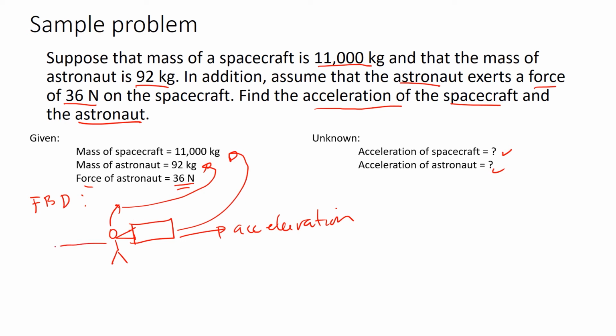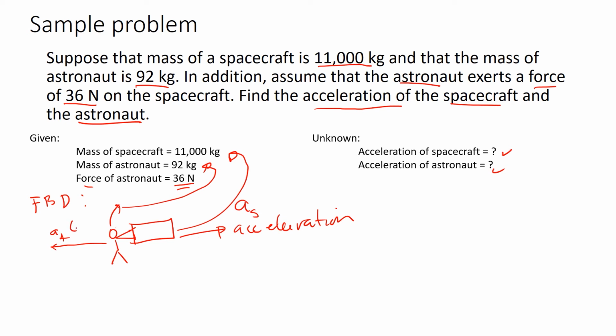The acceleration is the reaction force, since the action force is being applied to the spaceship, and the reaction force of the spaceship is directed towards east, and the action force now of this astronaut is directed towards west, and this is the acceleration of the astronaut, and this one is the acceleration of the spacecraft.